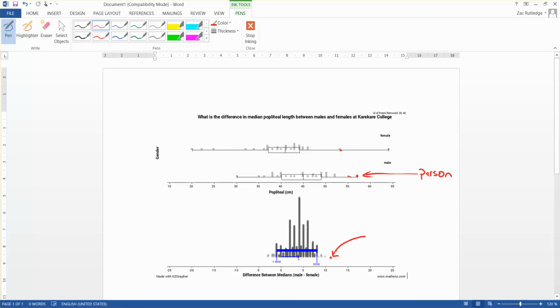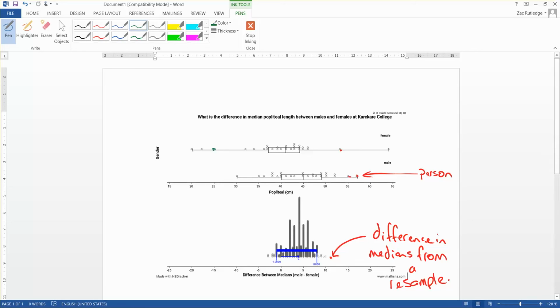On this graph here, each dot is a difference in medians from a resample. So remember we did that activity in class where you took a resample, randomly picked again, and got the median. And then up on the board we took the medians, two different medians from boys and girls, and worked out what the difference was. Okay, so let's just be clear.